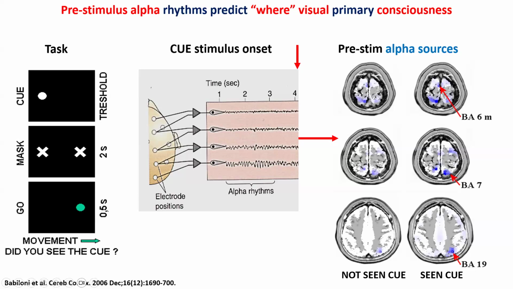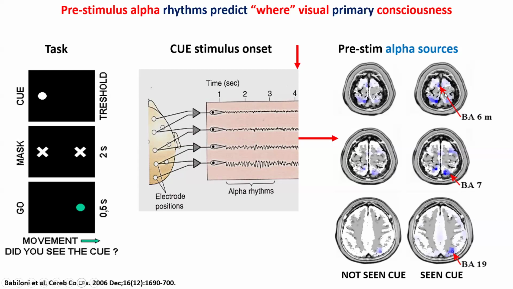And you see in blue the spots of source activity generating alpha rhythms. So it's very clear that the alpha rhythms are in the visuospatial pathway, from occipital regions, Brodmann area 19, posterior parietal, Brodmann area 7, and also in premotor areas.